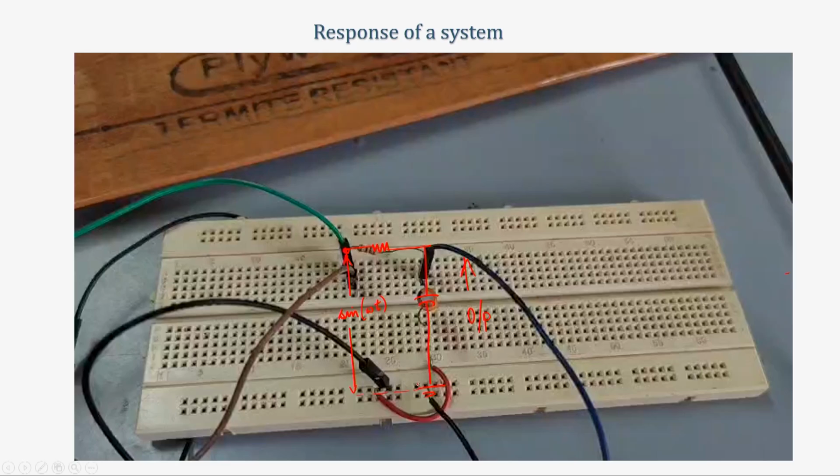We are giving a sinusoidal input and the output we are measuring here, okay, the voltage output. So, that is what we are doing. This is a simple RC circuit, this is an LTI system. Let us see what happens.